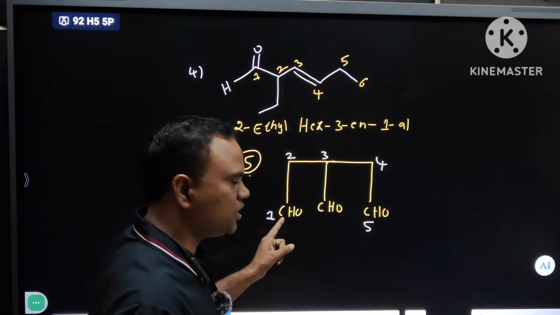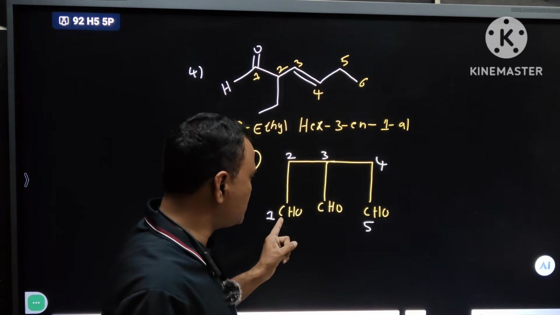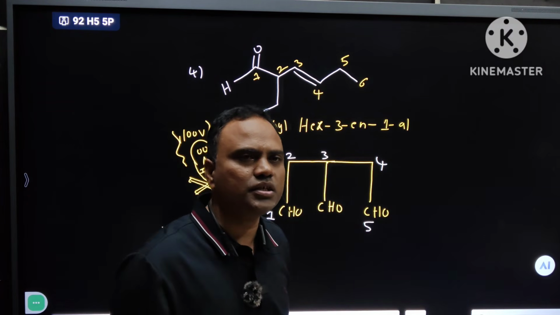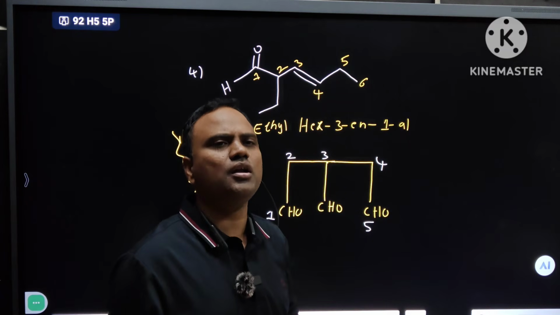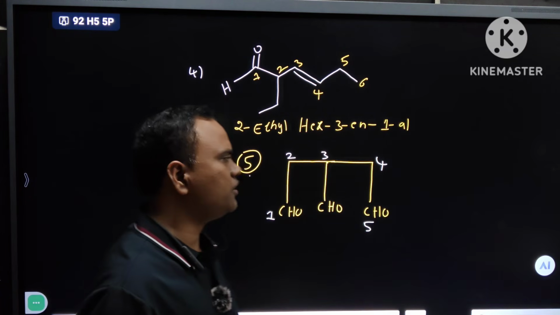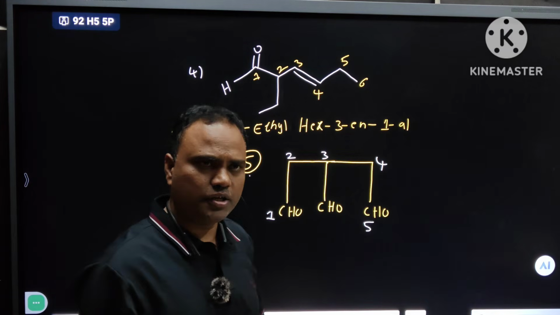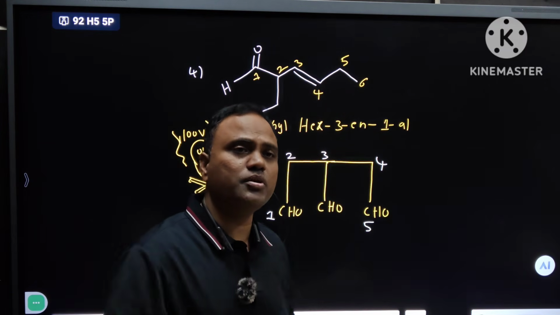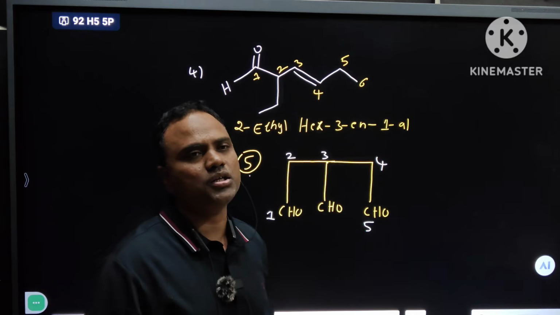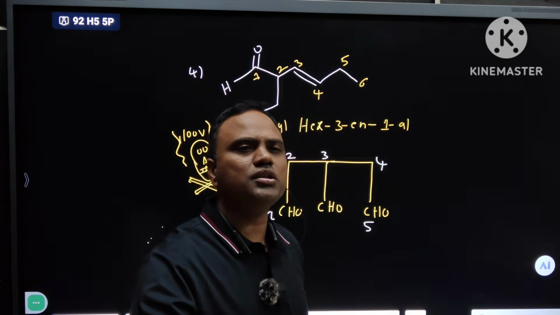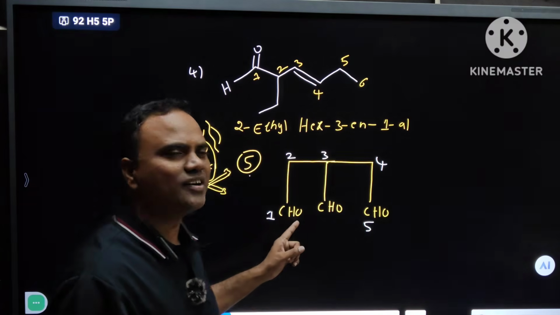If you start 1 at this position, this is getting 5. It is not correct. All are aldehydes only. Why give last priority to one aldehyde, first priority to another, and no number to the middle one? This is not correct. So in order to avoid the ambiguity, don't start the numbering from the aldehydic carbon.